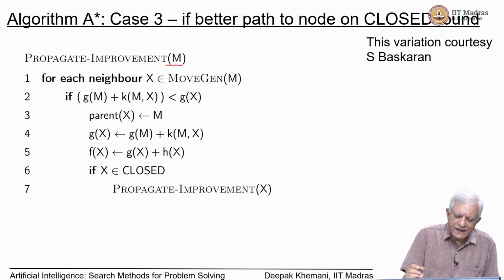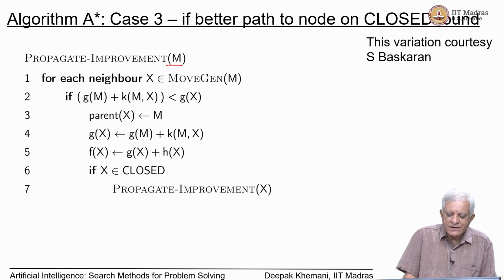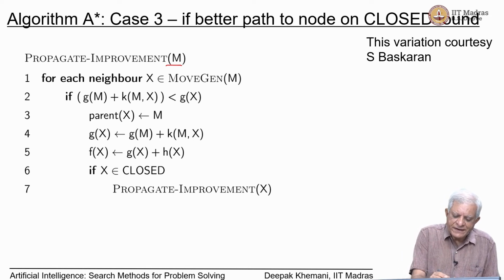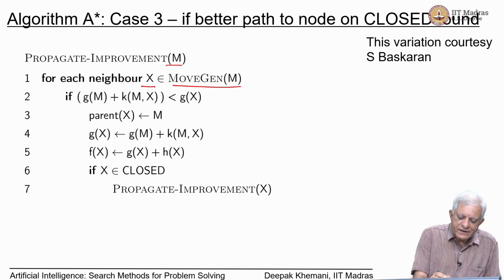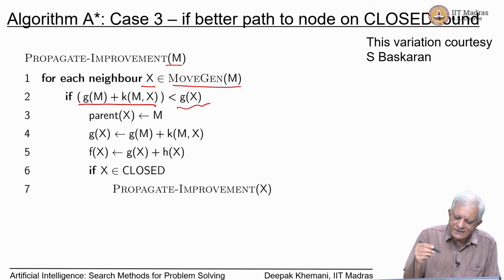Given this node m which is on closed and which we have found a better path to, then for each neighbor x of m, which is given to us by the move gen function, if we have found that this new path, which is g of m plus the cost of going from m to x, which is the edge cost, is less than what we had stored for that node x, then we revise that.